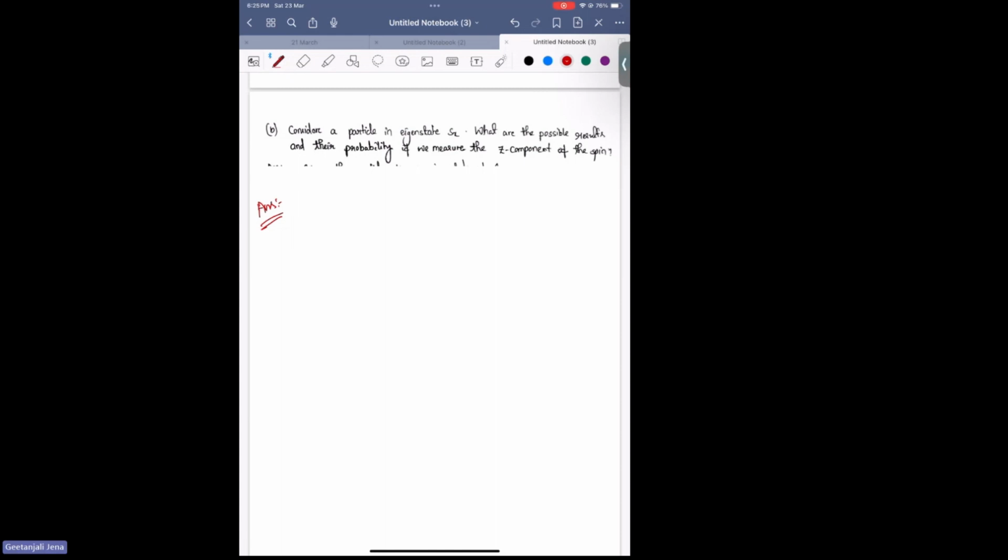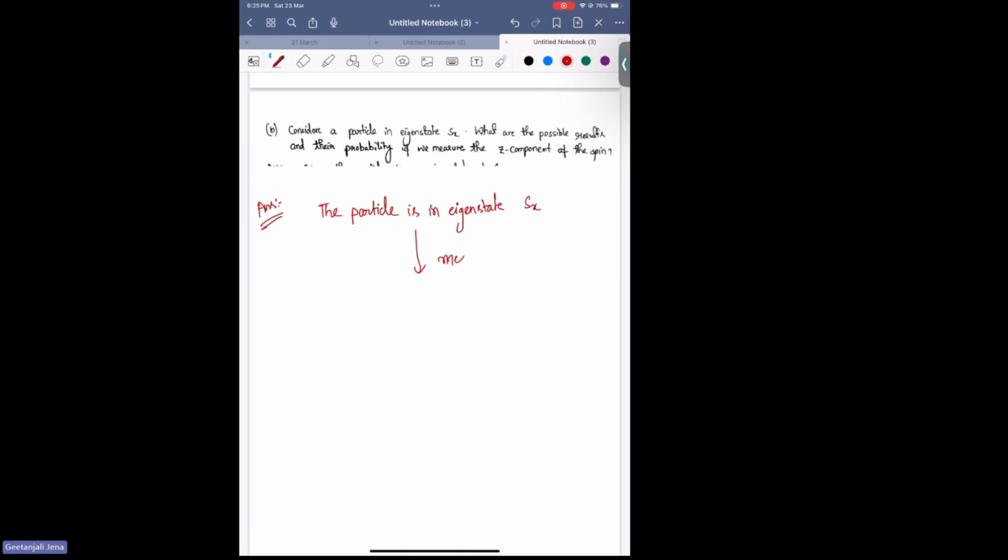So it is given the particle is in an eigenstate of Sx.